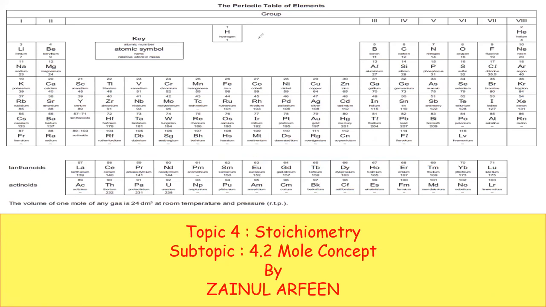So how to find the mass of water, H2O? What is the mass of hydrogen? As you can see, the masses are written at the bottom. So mass of hydrogen is 1. And how many hydrogen are there? 2. Plus, what is the mass of oxygen? 16. So 1 multiplied by 2, that's 2, plus 16.